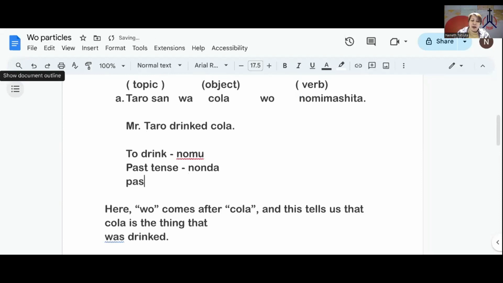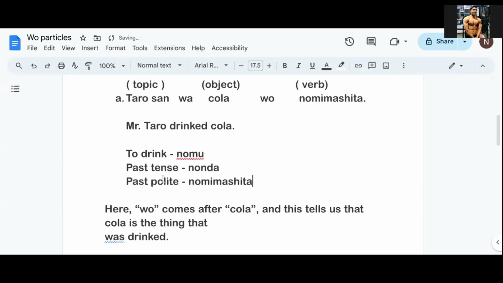And then your past polite way is nomimashita. Okay? It can also be Taro-san wa cola o nonda. It can also be this one, but this is very casual. So we use the word nomimashita.